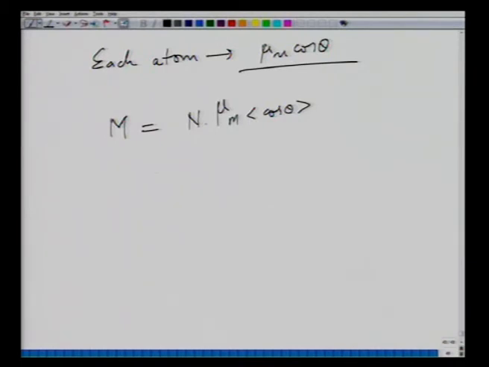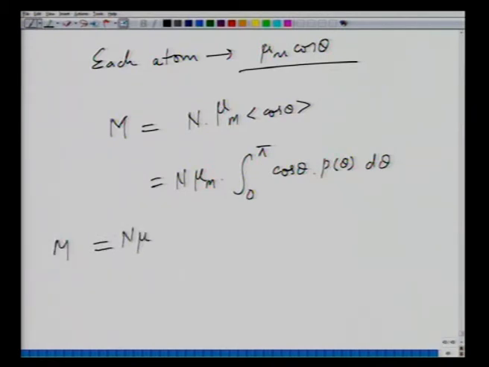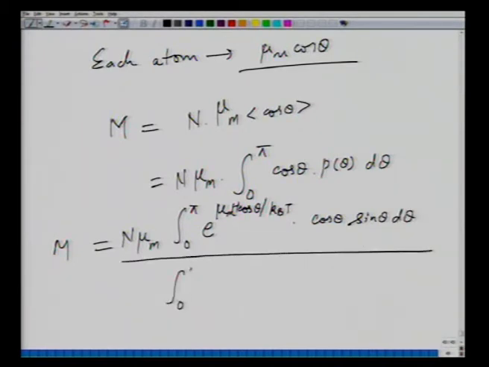So this would be equal to n mu m into the integral from 0 to pi of cos theta p theta d theta, so M would be equal to n mu m multiplied by the integral from 0 to pi of e to the power mu m H cos theta divided by k B T multiplied by cos theta sin theta d theta, divided by the integral from 0 to pi of e to the power mu m H cos theta by k B T multiplied by sin theta d theta.